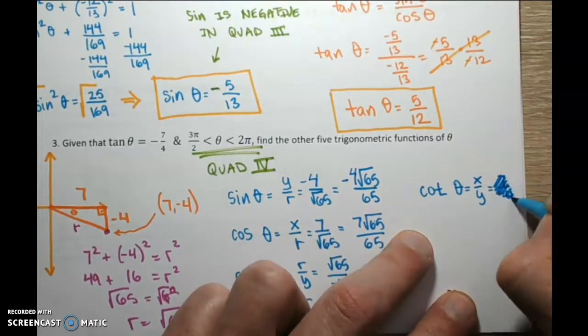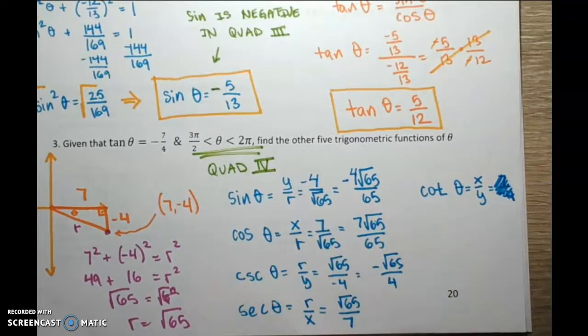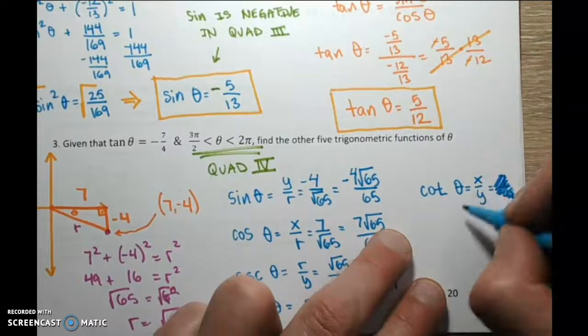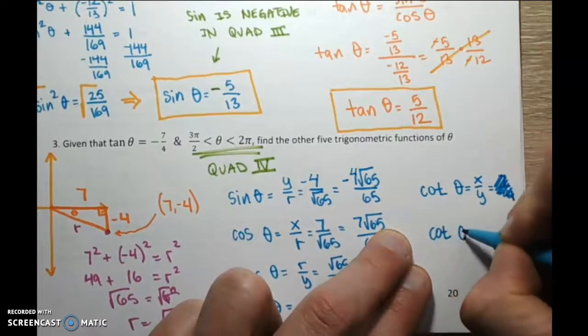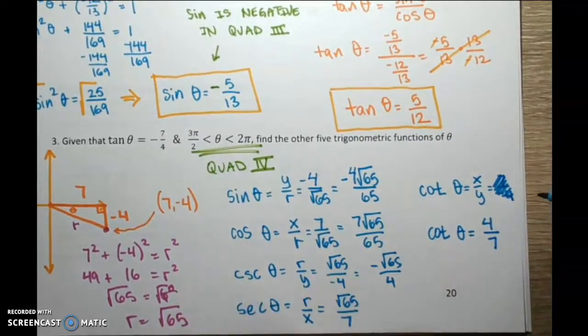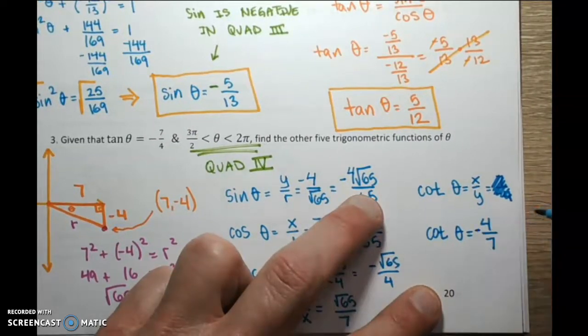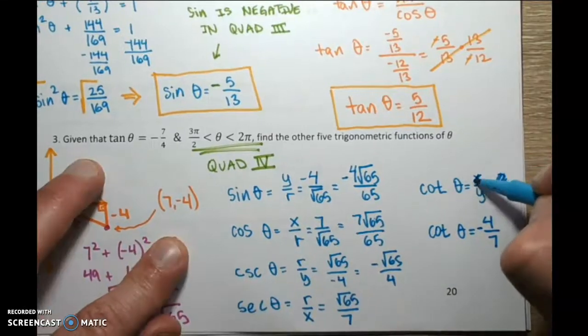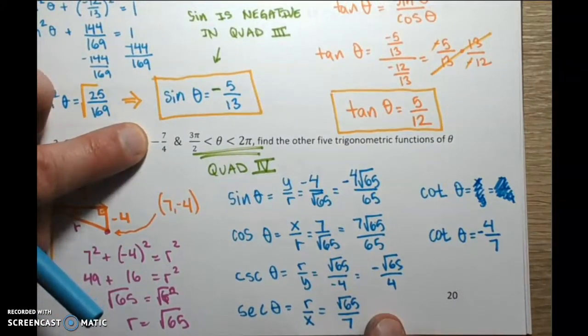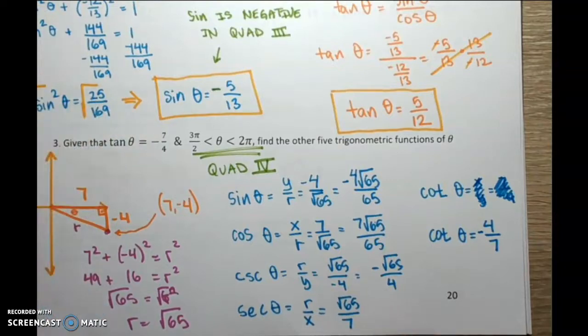Take that back. Should be, maybe it's y over x, because it should be 4 over 7. Negative. It has to be the reciprocal of negative 7/4. Alright, there we go. That is it.